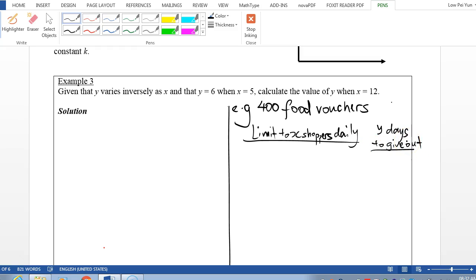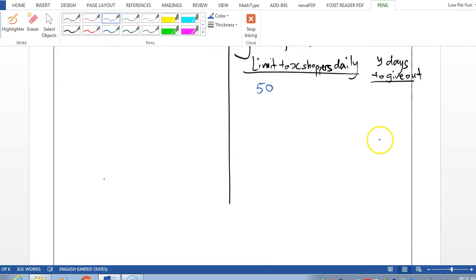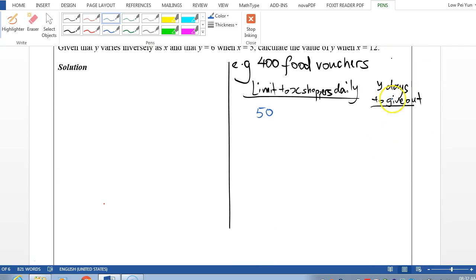Okay, so let's say we are going to give out daily 50 vouchers. So how many days can the 400 vouchers last? We are going to take 400 divided by 50, so it will last a total of 8 days. And what if I increase the number of shoppers that can claim the vouchers to 80?